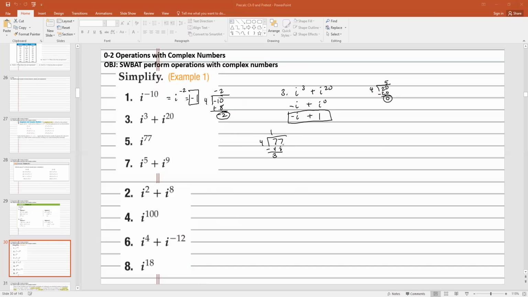Bring down the 7. 4 goes into 37 9 times. 9 times 4 is going to give us 36. And we get a remainder of 1. So this is the same as i to the first power, or just i. And that's it.